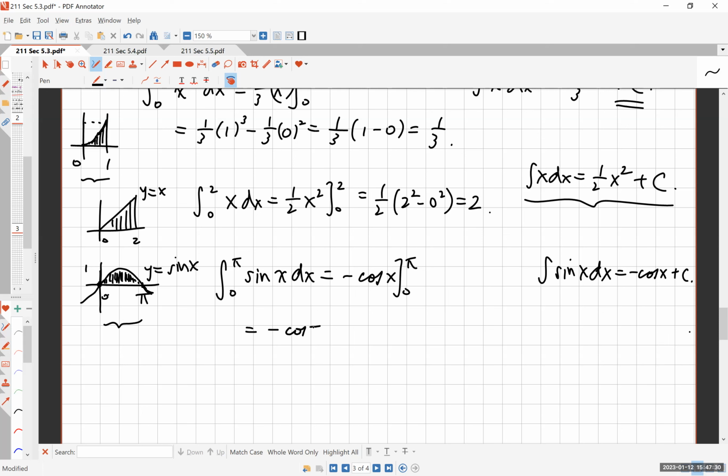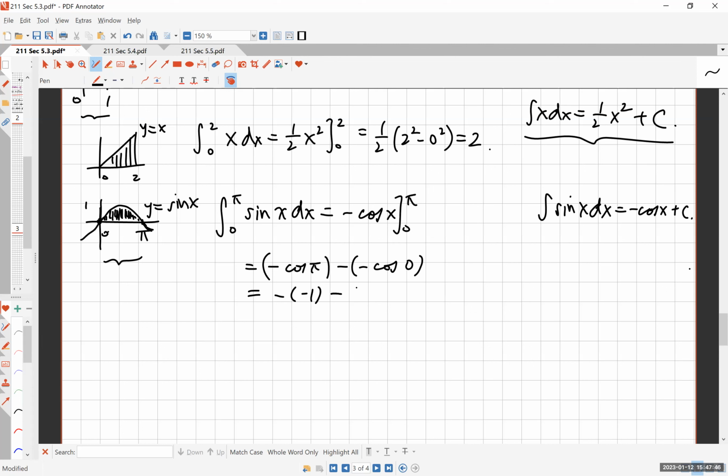Lots of negatives, triple negatives. Okay, so what's the cosine of pi? That's -1. So you have minus -1, minus cosine of 0, which is 1. Now we have a lot more negative signs. It's basically 1 minus -1. Okay, so the answer is 2. Wait, the answer is 2? Yeah, that's a very nice number. In fact, it's an integer.